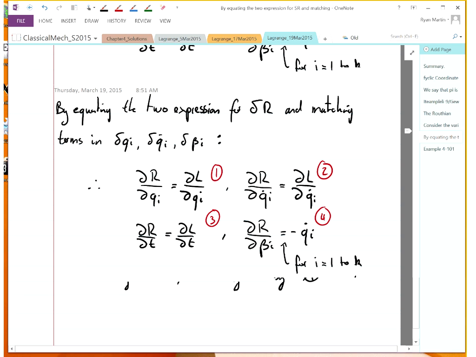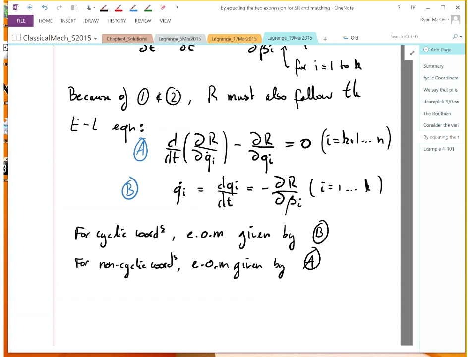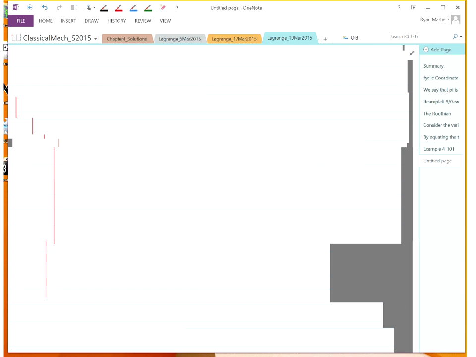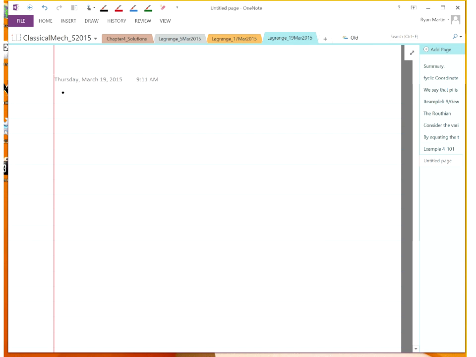That's by applying these equations A and B. For the cyclic coordinates, we apply B, and for the non-cyclic coordinates, we apply A. So the equations of motion, let's start with the non-cyclic coordinates. So there's only one, right? z.